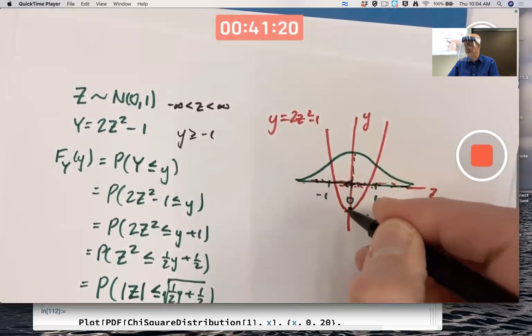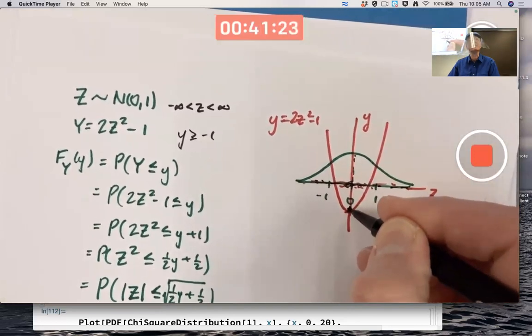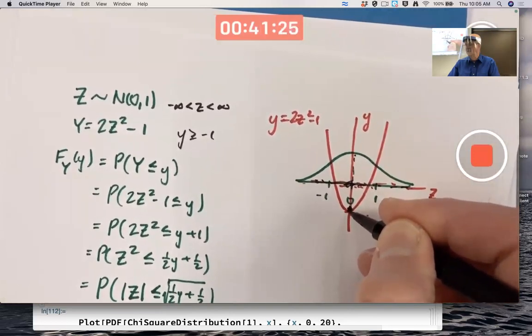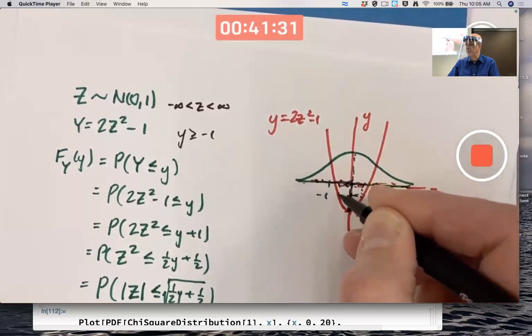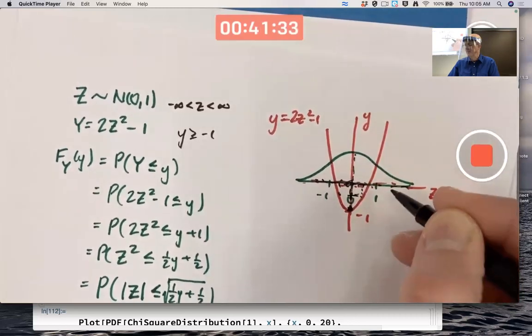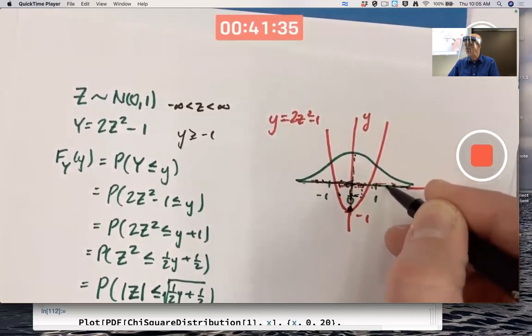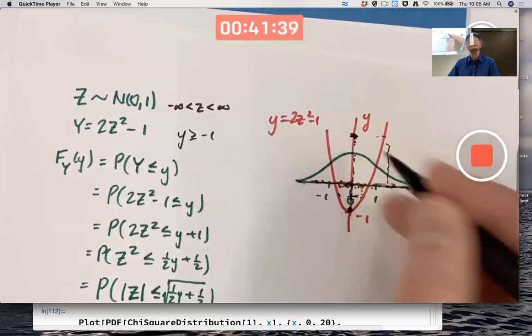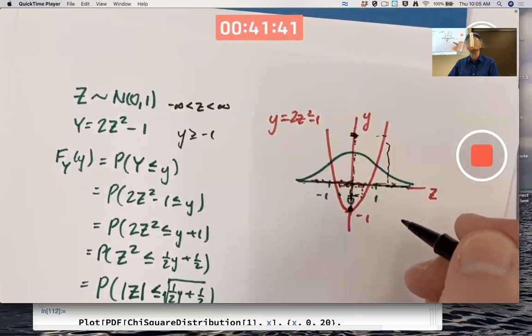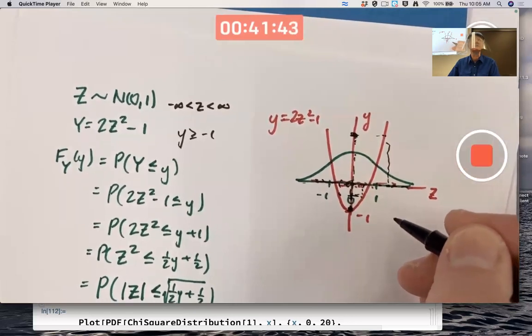That's why there's so many values close to -1. Points a little further away will get mapped to points a little further away from -1 if you're further away from 0 on the z-axis. Points really far away over here could get mapped to positive values of y. But that's going to happen less often.